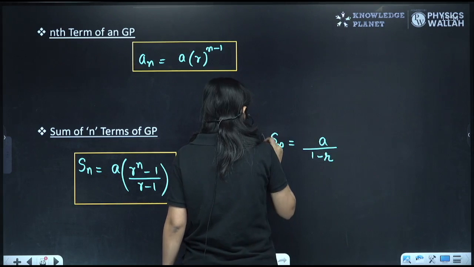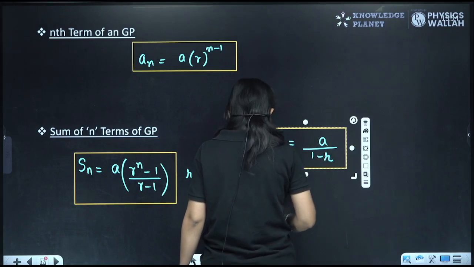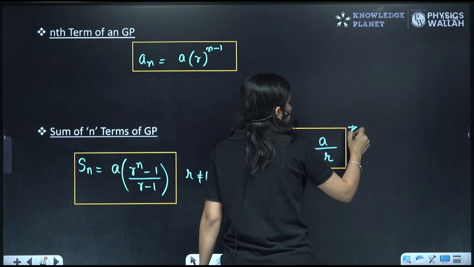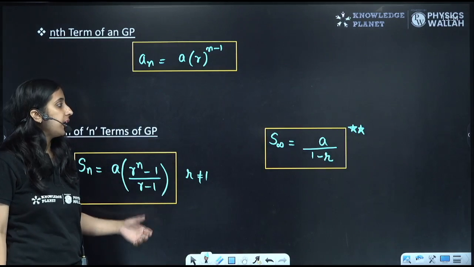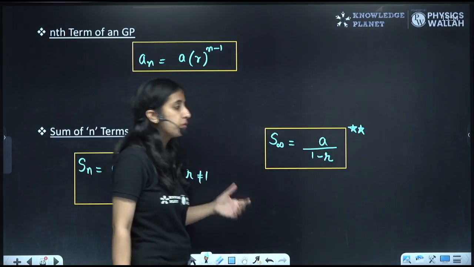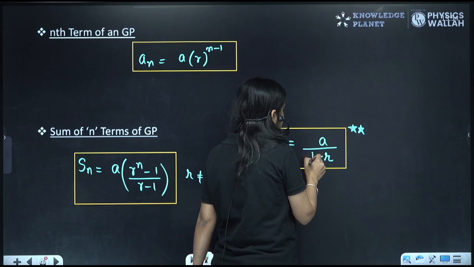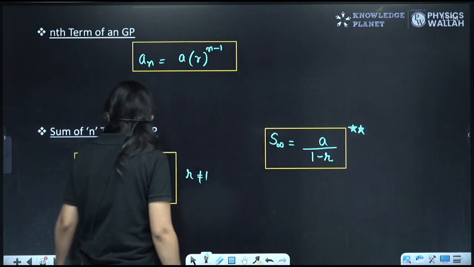This is very important as it is used many times. So the sum of infinite terms of a GP is a upon 1 minus r.